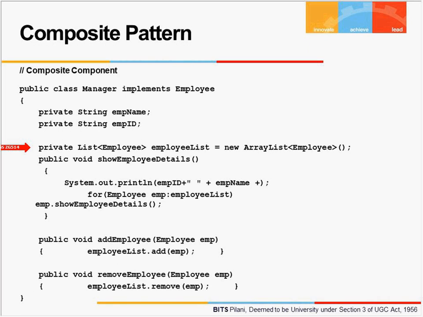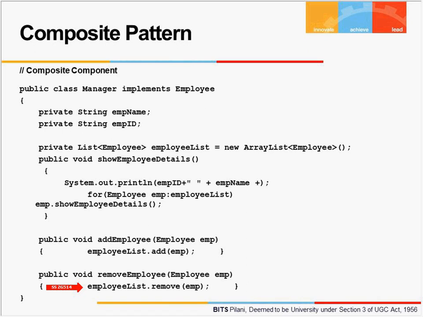For that reason, it makes an array list to which objects which implement employee can be added, right? And additionally, it provides two methods: add employee and remove employee, right? When you say add employee, it adds an employee to this employee list. Remove employee removes the employee, which is the parameter, from this employee list, right?